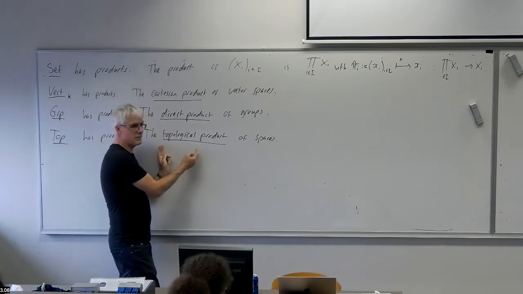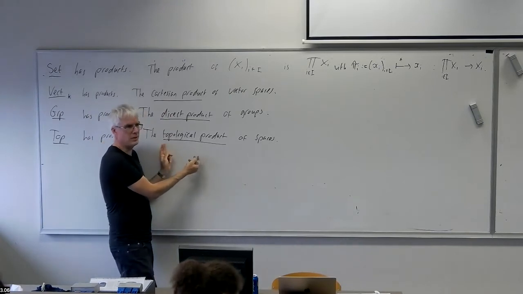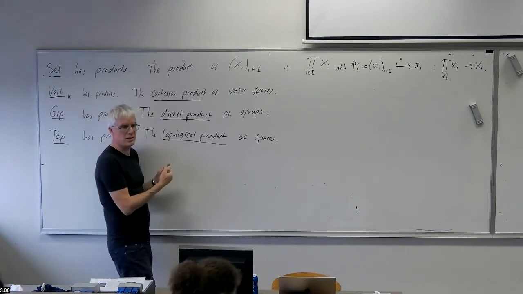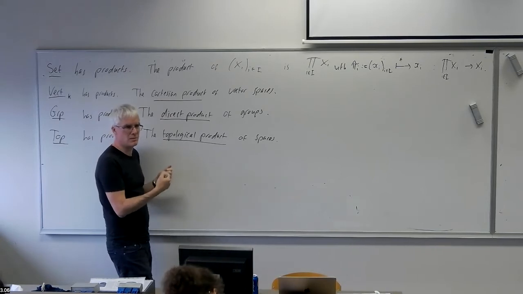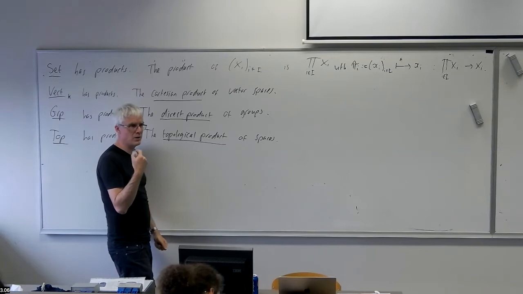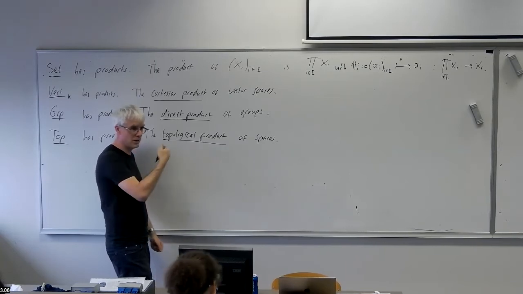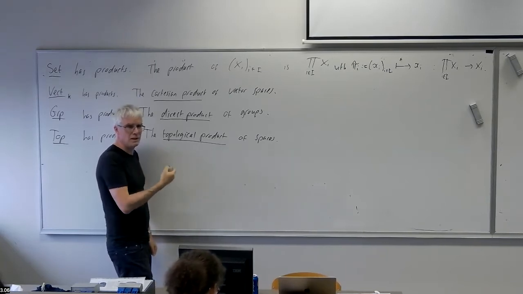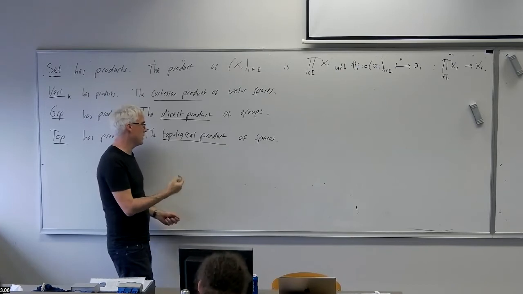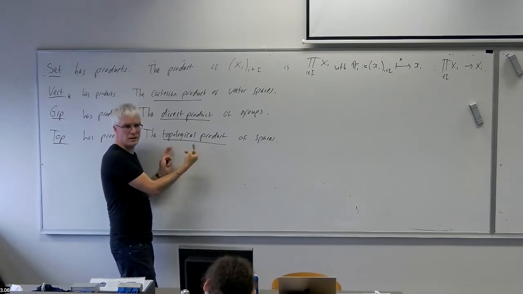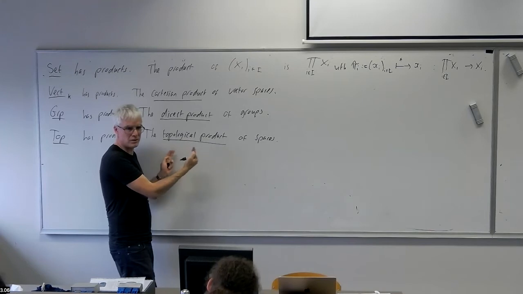So in the case of topological spaces, for example, the notion of product is determined up to isomorphism in the category of topological spaces, namely up to homeomorphism. So the notion of category theoretic product, this very general notion in terms of this universal property, forces upon us the product topology that comes with the product of topological spaces.